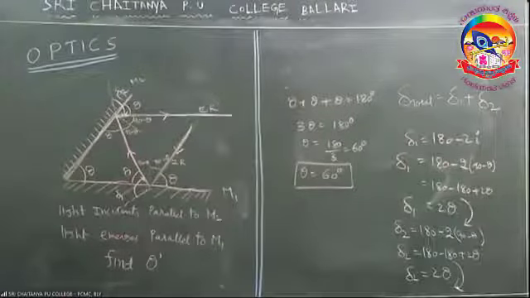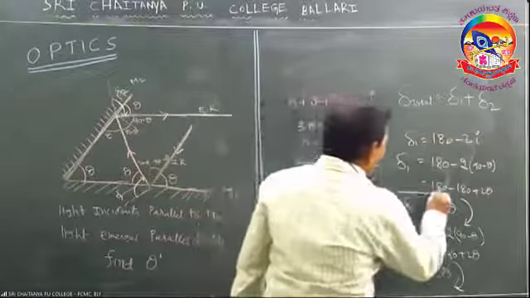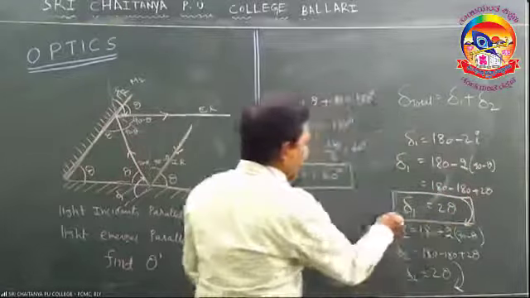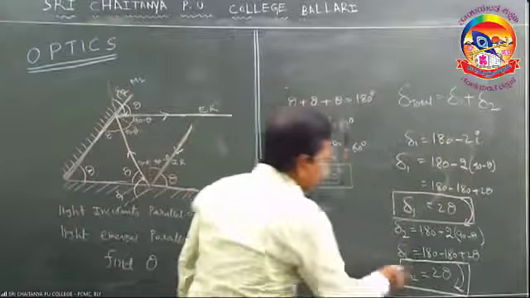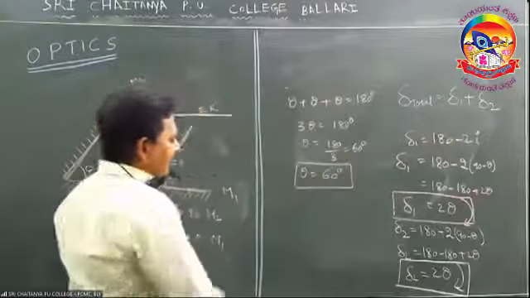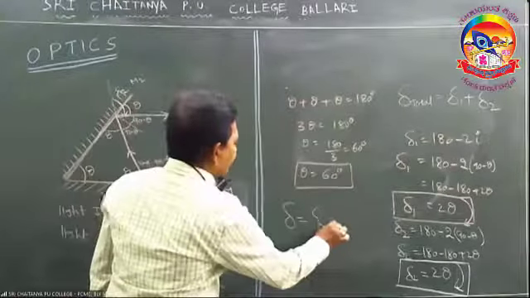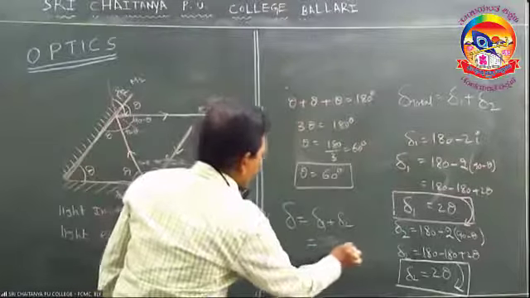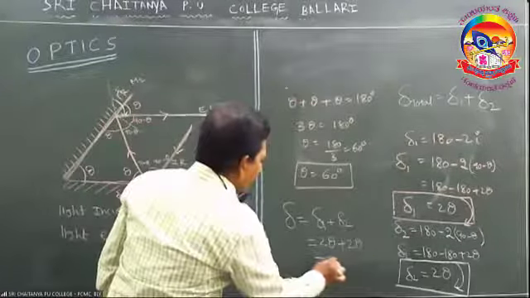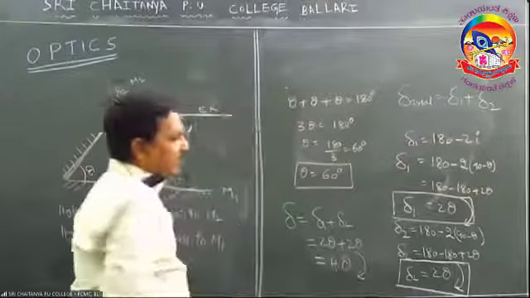I calculated delta 1 and delta 2. Delta 1 value is 2 theta clockwise. Delta 2 value is 2 theta clockwise. Net deviation, delta 1 plus delta 2, is equal to 2 theta plus 2 theta, which is 4 theta, in what direction?